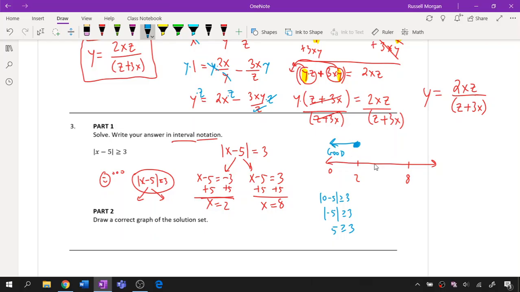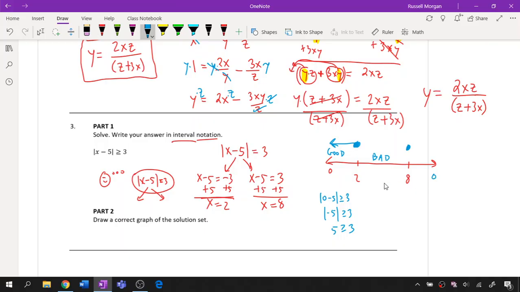Now, you could test out the middle, but I'm going to anticipate that the middle is going to be bad. It usually goes good, bad, good, unless you have what's called a double zero or a double equals. Let me test the other side. This could be good at 8 because that would make it equal to 3, which is what we want. But let's test a number like 10.